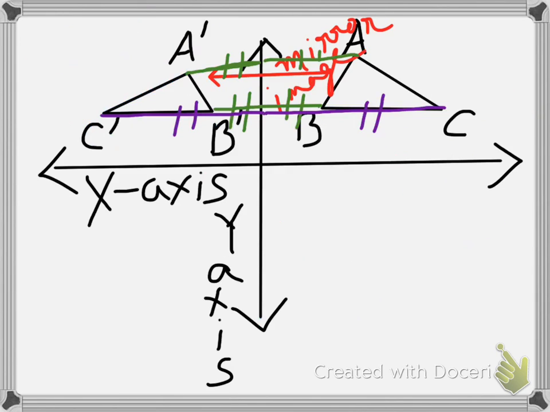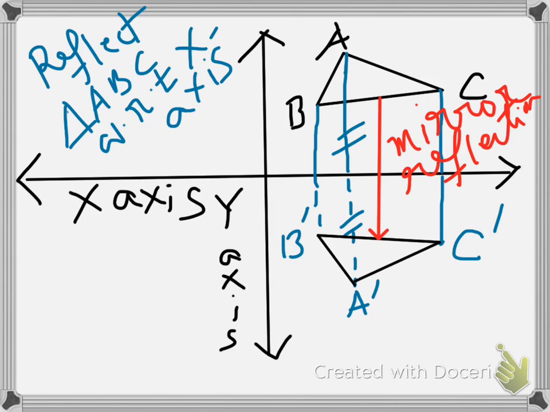For example, in the first case, the reflection was done with respect to the y-axis, which essentially is a line. The y-axis itself is a line. Similarly, in the second example, the reflection was performed with respect to the x-axis.